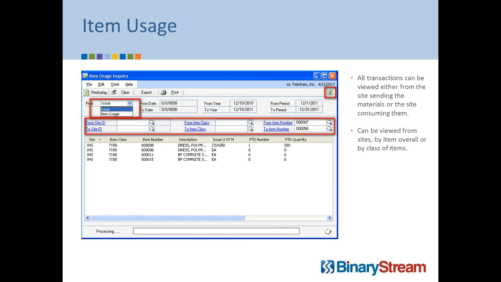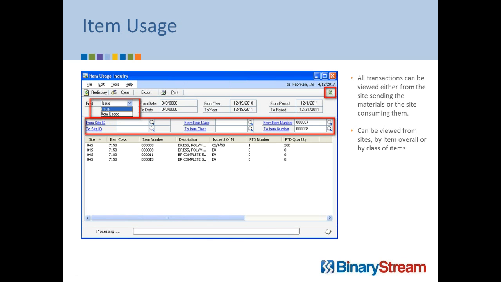So Binary Stream has actually developed a query screen, as you can see, that basically allows you to track item usage by date, by individual sites or ranges of inventory sites, by item class. So if you class your items in certain areas like maybe syringes or bandages, you can look at all of those, and by item number and item number ranges as well.